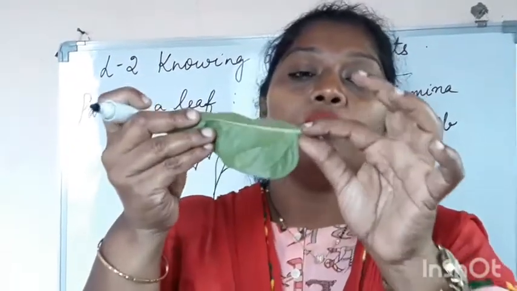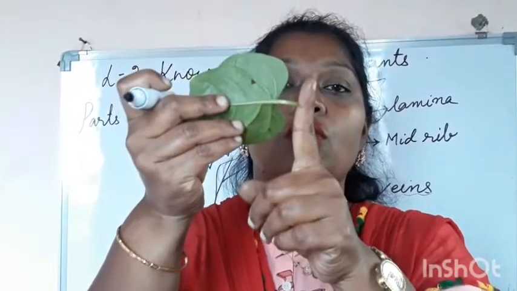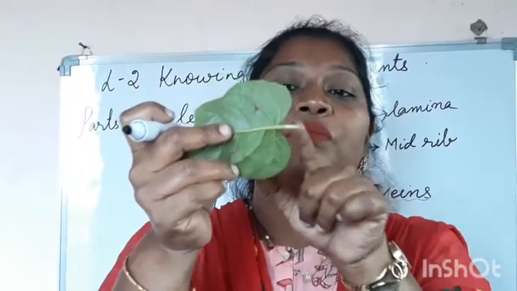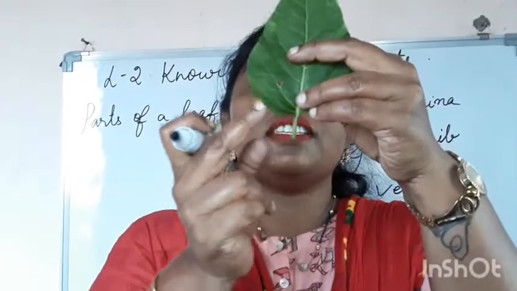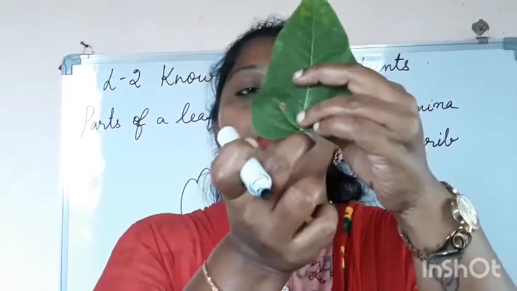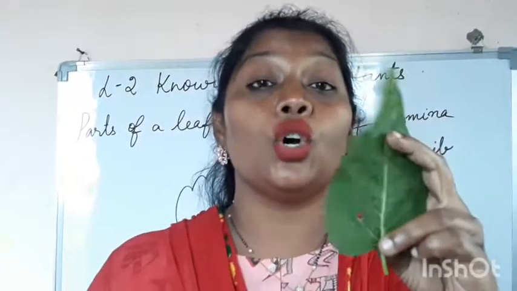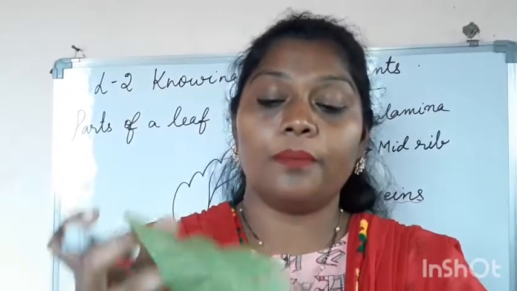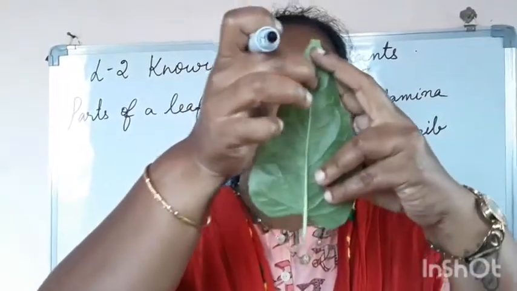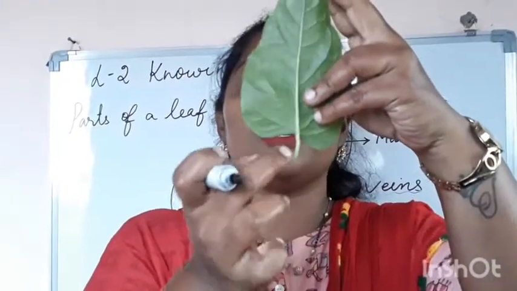See children, what is this one called? If you are attaching this to a stem, it is called a leaf base, right? See here, from where the leaf is starting, this portion is called the petiole. Very good. See here, the middle long line-like structure, from here it is going on.